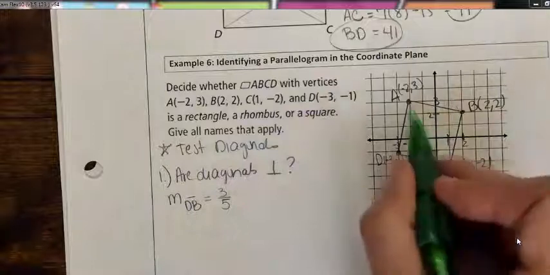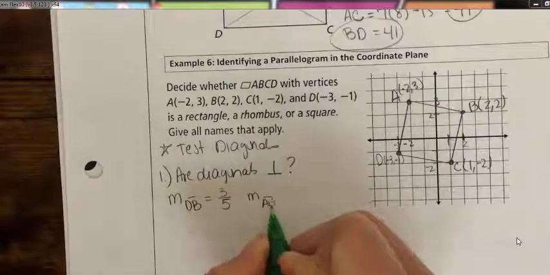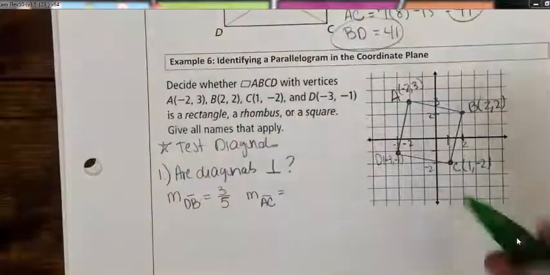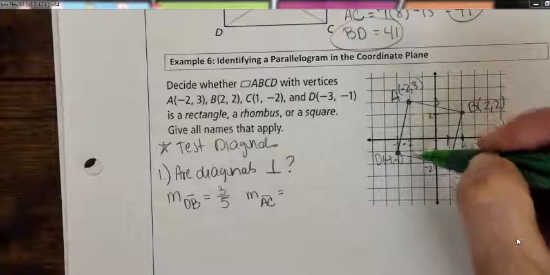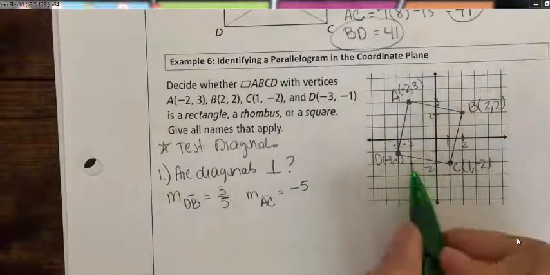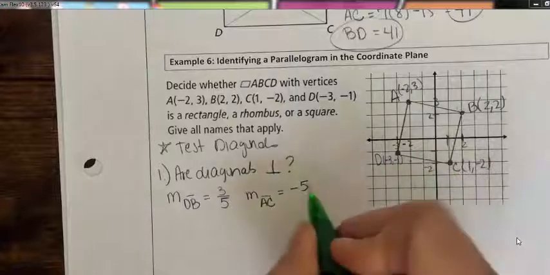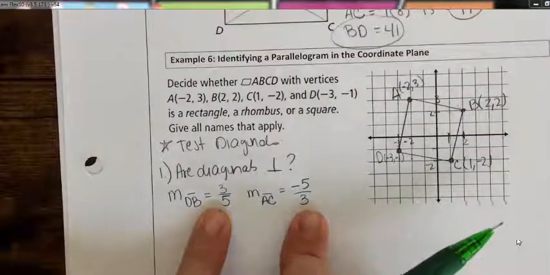And then my other slope is AC. So let's also find the slope of segment AC. So to go from A to C, it looks like I go down 1, 2, 3, 4, 5. So down 5. And then from there I go over 1, 2, 3. So over 3. So what can you tell me about these two slopes?